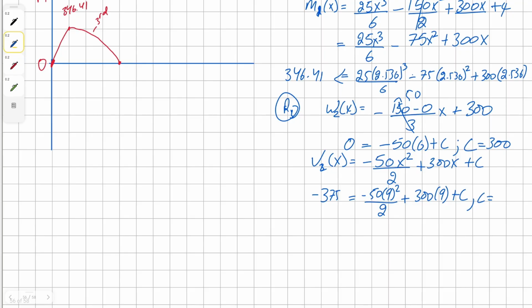Solving for C, we get our solution as negative 1050.